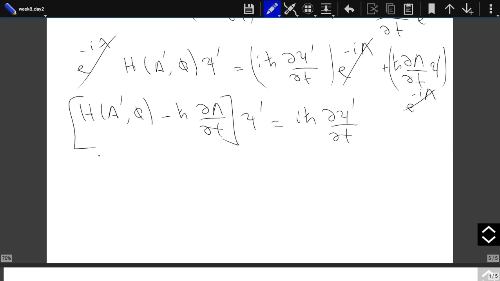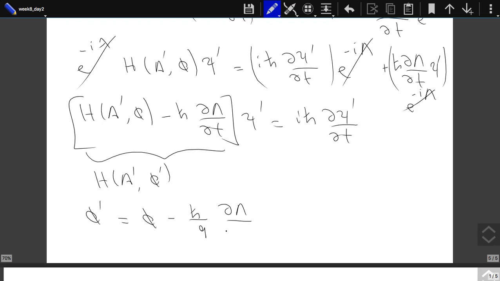But this thing over here is nothing but h A prime phi prime, where phi prime is now equal to phi minus h bar over q del lambda by del t. Remember, h has various terms plus q phi. So if I just change the definition of phi and absorb this factor in the definition of phi, I can just write the whole thing as a single Hamiltonian with a different phi.